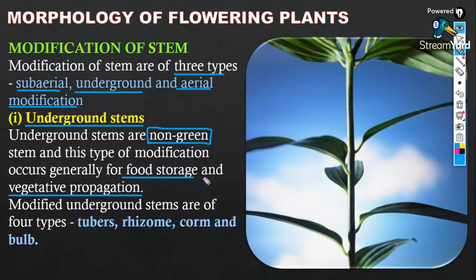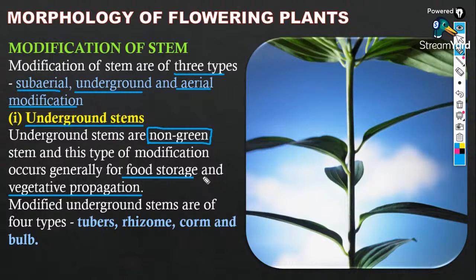The storage product of a plant, all the food synthesized by the plants by photosynthesis, will be stored in this potato. So it is used as a food storage organ. And if you want to grow multiple potatoes in your garden, you will cut the tuber having the eyes over there, and you will sow them, right? So then only new potato plants will arise.